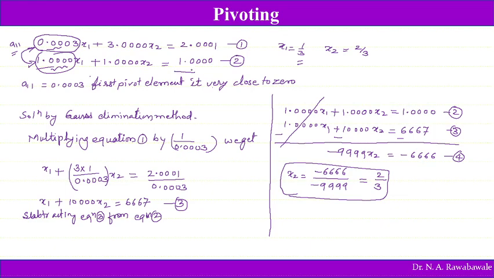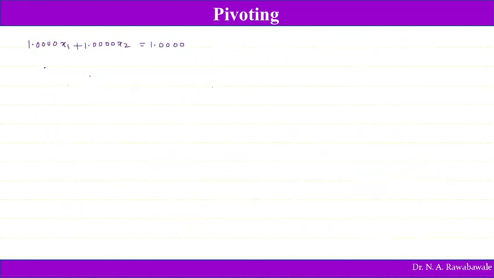So equation number 2 is written first and the first is written second. So we write this as 0.0003 x1 plus 3.0000 x2, which is equal to 2.0001.